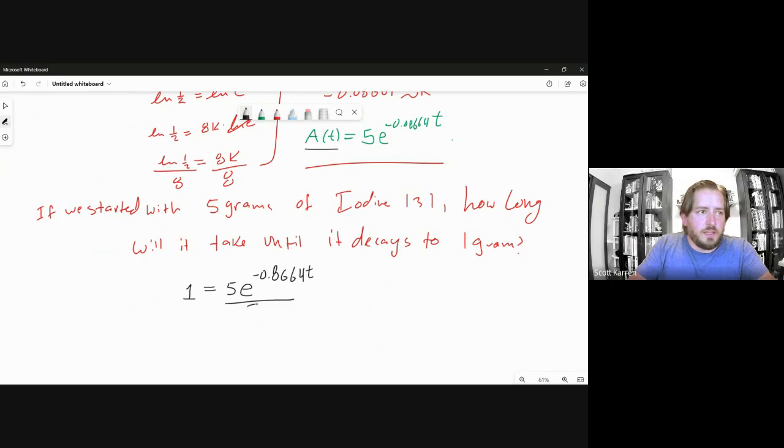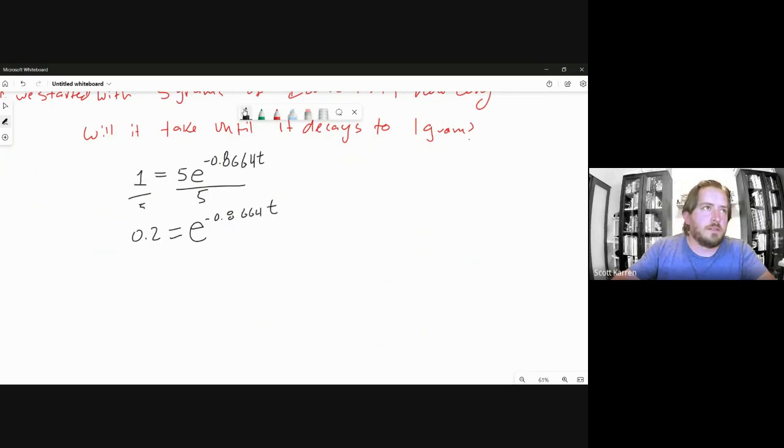And so if I divide each side by 5, I get 0.2 is equal to e to the negative 0.08664 t. And then I take the natural log of each side. Natural log of 0.2 is equal to the natural log of e to the negative 0.08664 t.